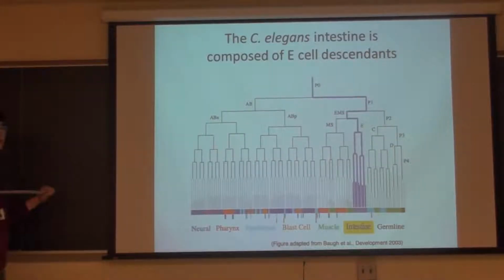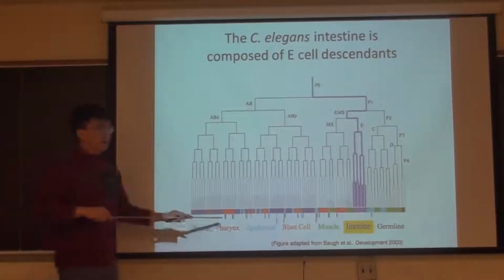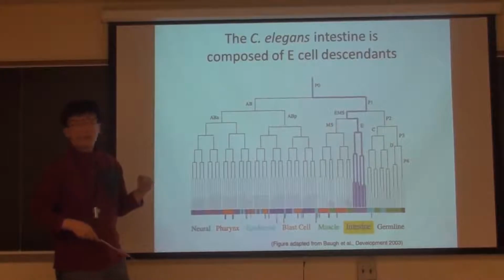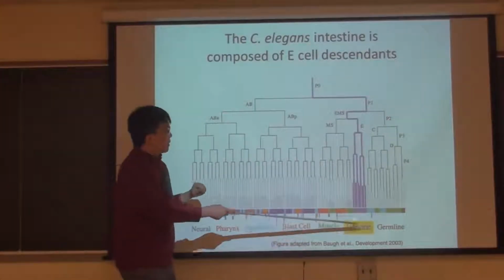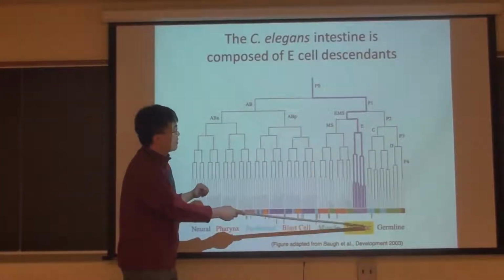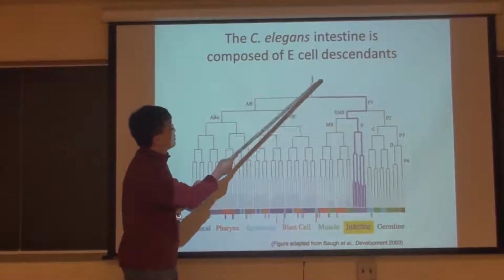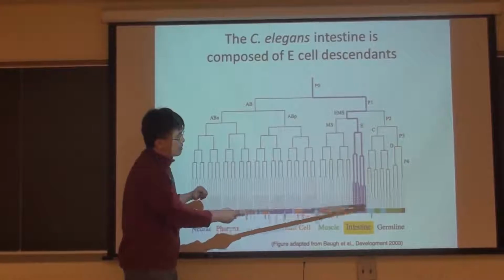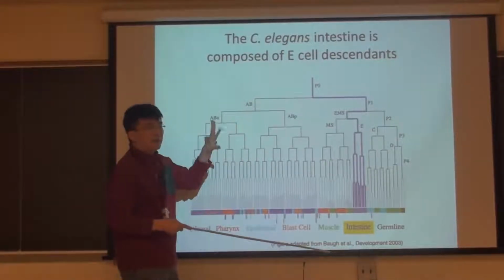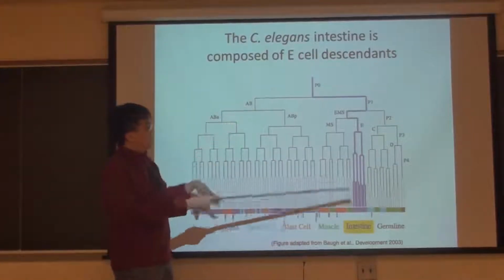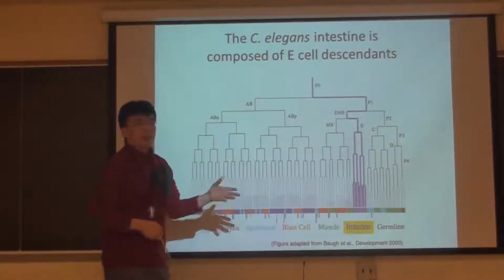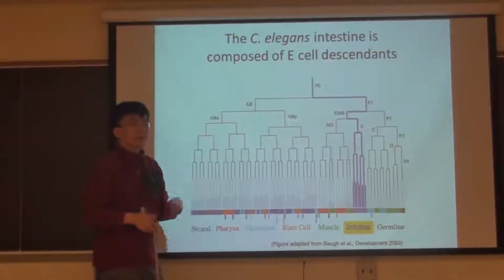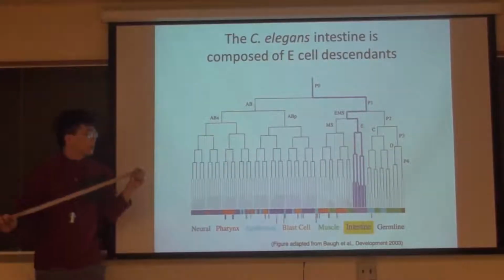Because people have mapped exactly how different organs develop from each one of the cells, you also know how the intestine is developed. So there's a particular cell called the E cell that divides multiple times to form the intestine. So you know almost everything about how the intestine is developed and what genes are required to develop the intestine itself.